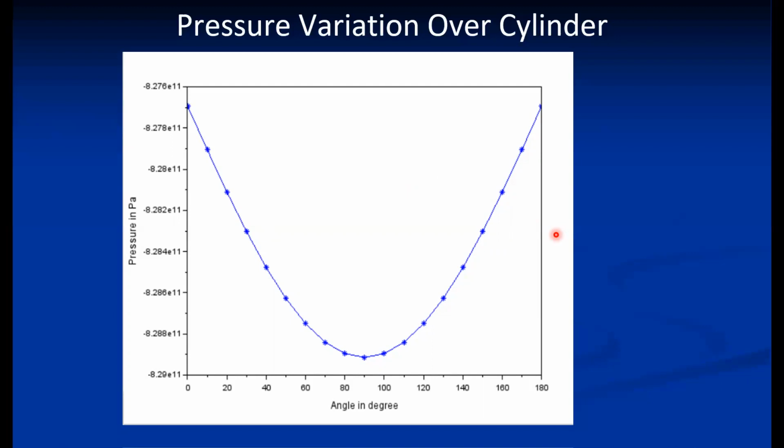So that's why there is a uniform pressure distribution, and there is no drag force, we can say. This is the pressure variation with respect to angle when the flow takes place from one end of the cylinder to the other end. Pressure is lowest at 90 degree, that is at the center of the cylinder.